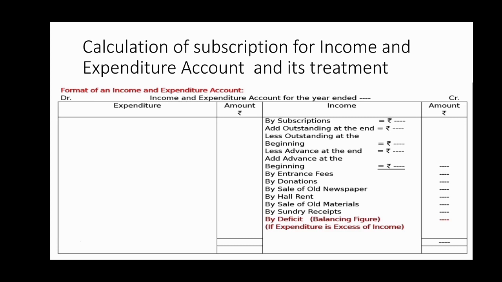First, subscription received during the year, then add outstanding subscription at the end of the year, if any outstanding subscription is due for the current year. Less outstanding at the beginning: if the previous year's outstanding is given, you must deduct it. Less advance at the end of the year: in the current year we have received advance related to next year, so we must deduct it. Next, other items may be given in the income and expenditure account, but we only need how to calculate the subscription.